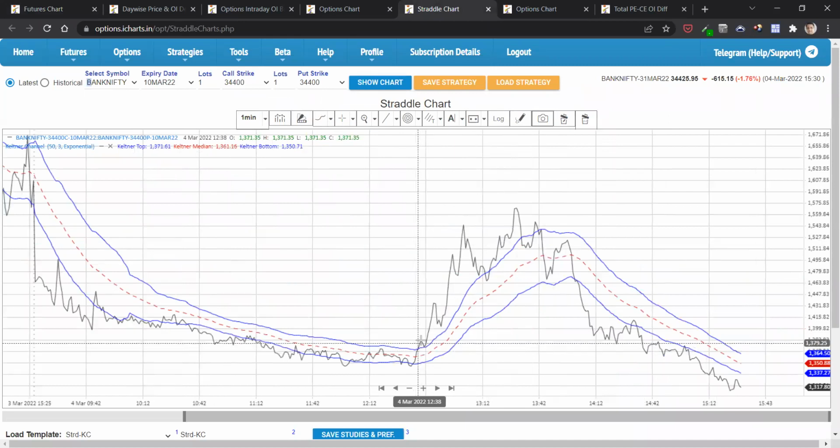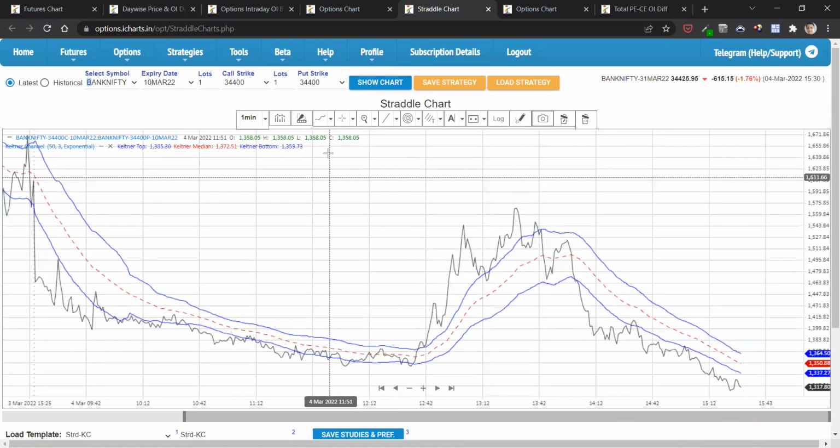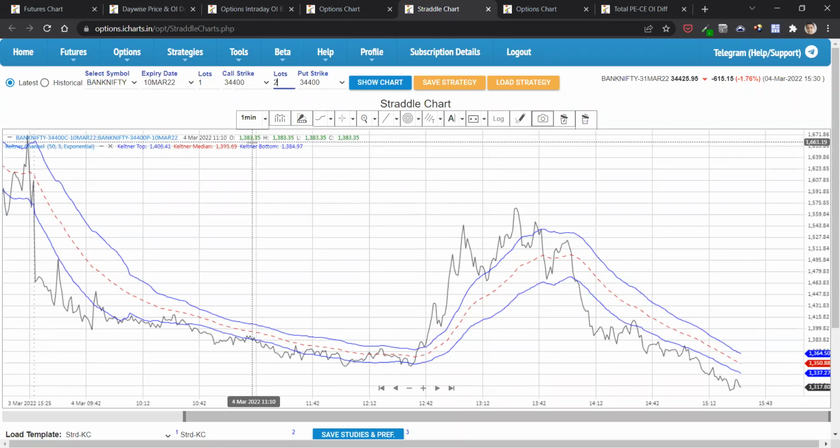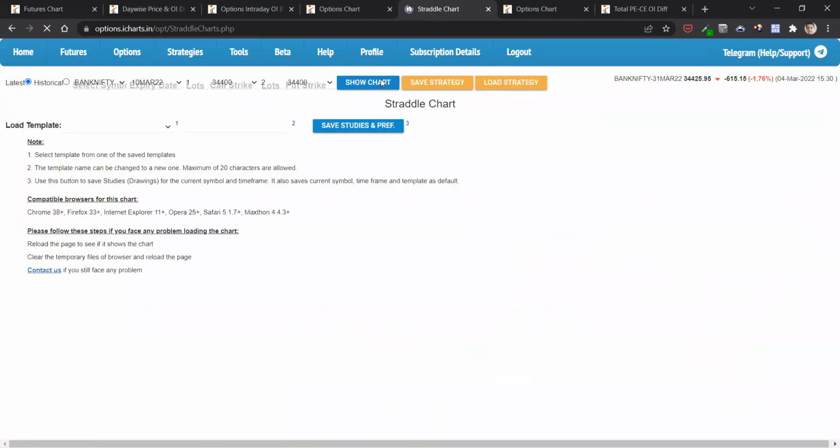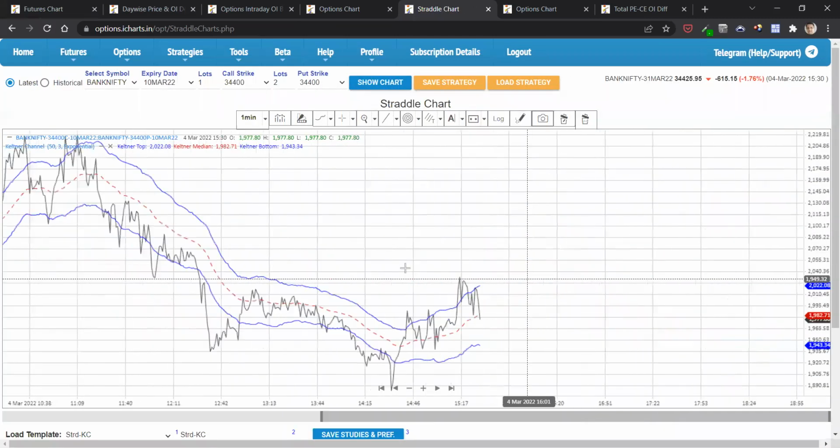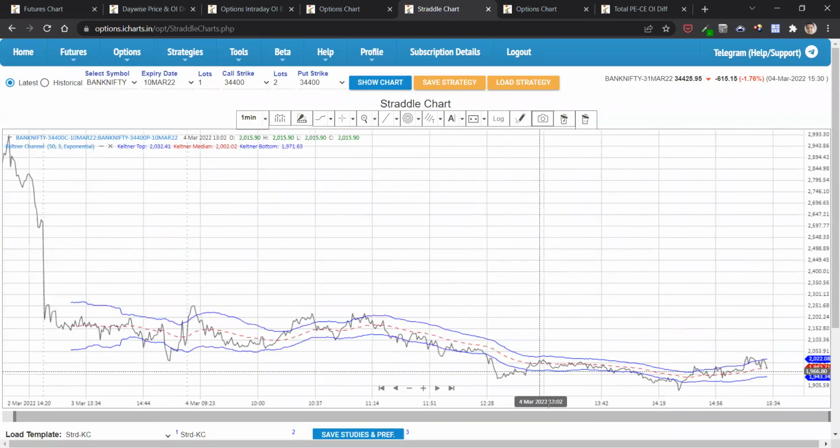When it broke above this, price was trending up. So you could add one more lot of the put over here to make this adjustment at 1245.